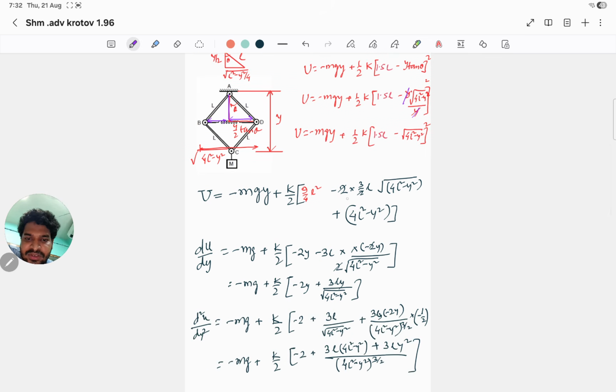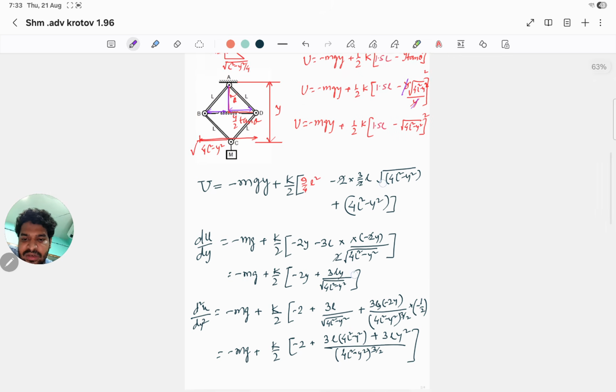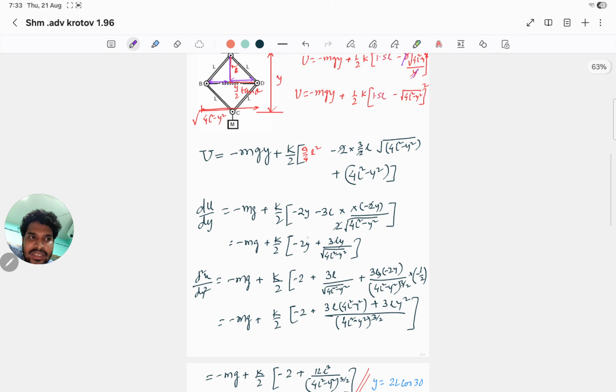This is simple calculation. 2 will get cancelled out, just square it and then find ∂u/∂y. ∂u/∂y you are getting minus mg plus k by 2. Just differentiate this one. This is a constant term 9 by 4L square, and this 4L square also constant, minus y square is minus 2y, and this whole differentiation is becoming this one. Okay, I think you know the differentiation very well.